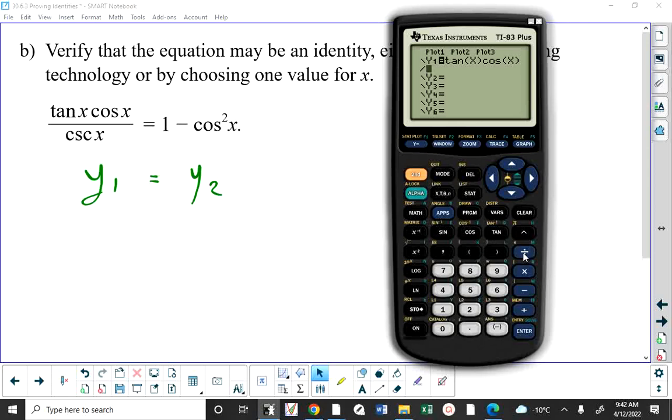Well, we have to deal with something here, and it's that your calculator doesn't have a cosecant key. So I need to divide by 1 over sine x, but I need to have that in brackets. If you divide by 1 and then divide by sine of x without brackets, that's not the same as dividing by 1 over sine x. So I have to now go 1 divided by sine x.